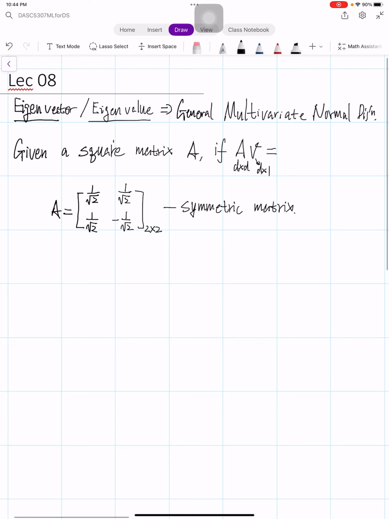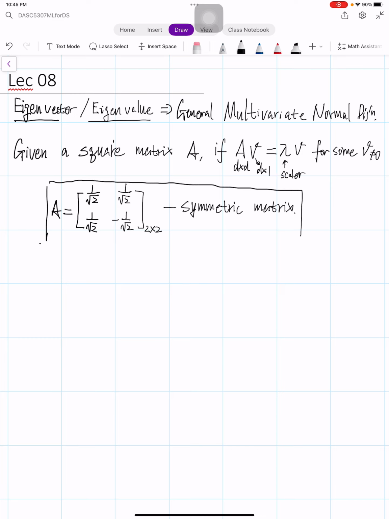If this matrix multiplied by a vector equals a scalar lambda times the vector, for some vector nu that does not equal 0. Okay. So here is just one example, a square matrix.